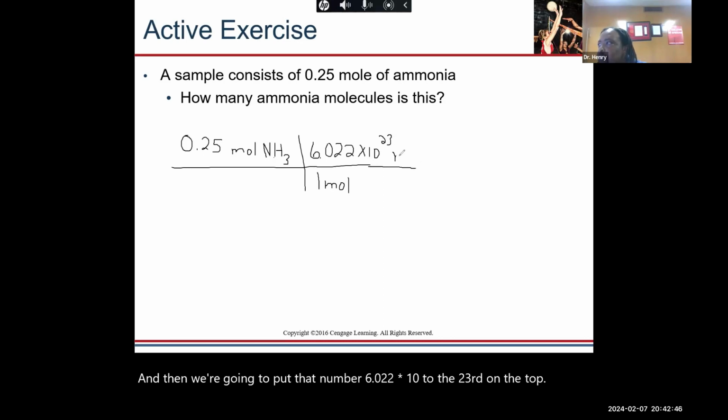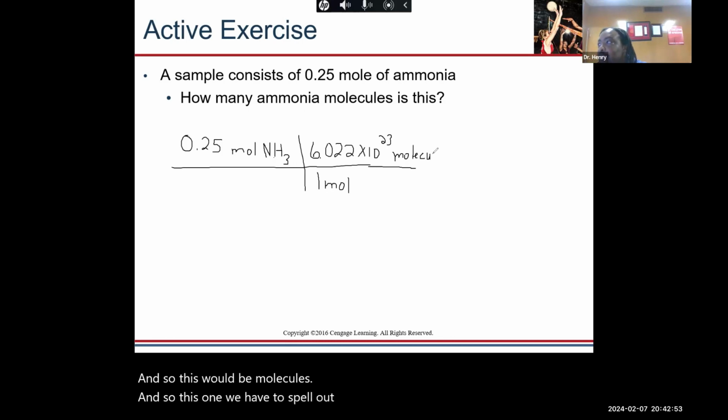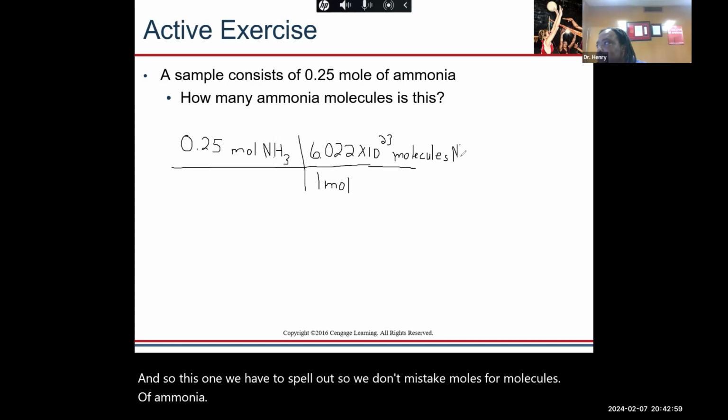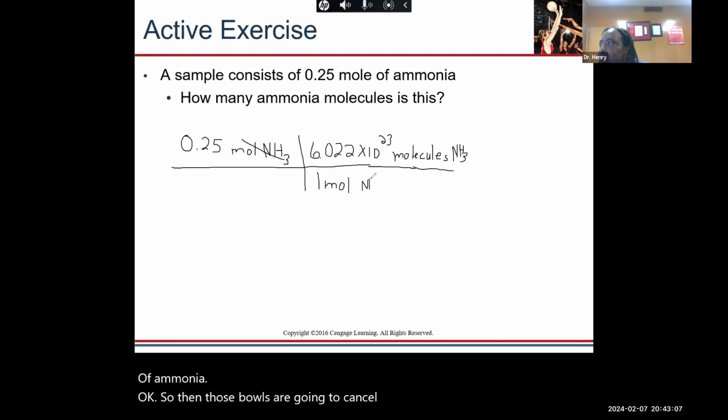And so this would be molecules. So this one we have to spell out so we don't mistake moles for molecules of ammonia. Okay, so then those moles are going to cancel out.